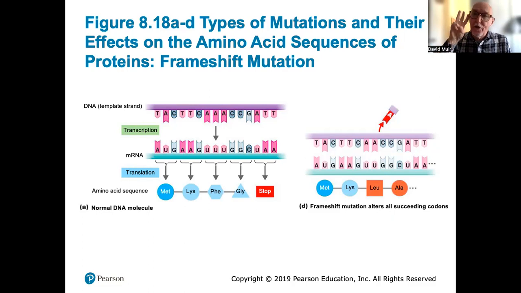If I lose three, if I lose a whole triplet, then we would restore the order, but we would lose one whole codon. That, in fact, may be less deleterious than the whole gene being frame shifted and being read completely wrong.